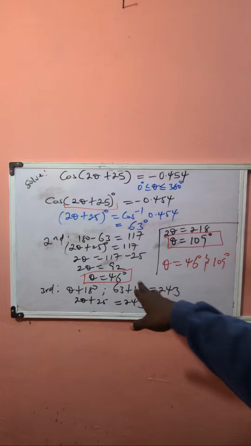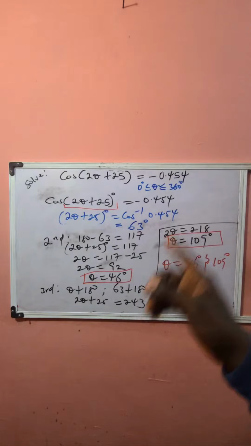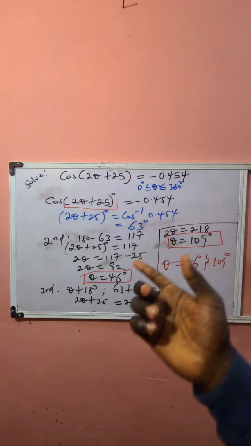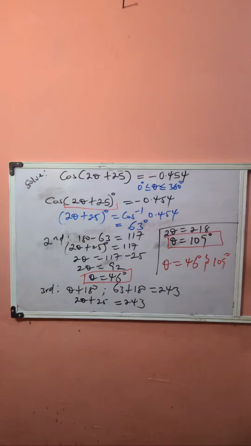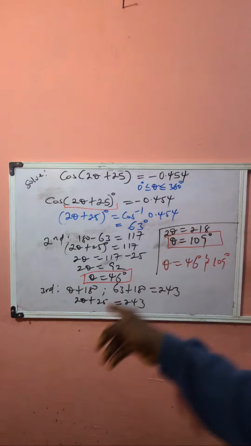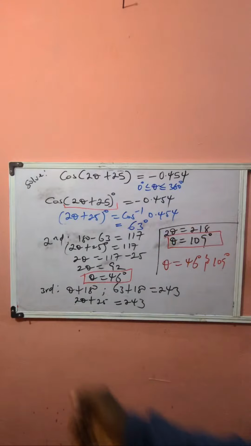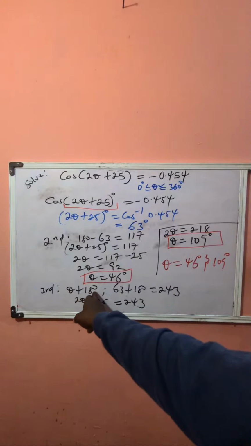So not the whole thing. We still have one other answer. Don't forget, it's not only in the second quadrant that cos is negative. We also have it being negative in the third quadrant. And the rule that functions in the third quadrant is theta plus 180.